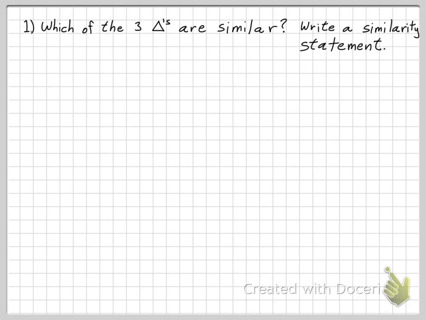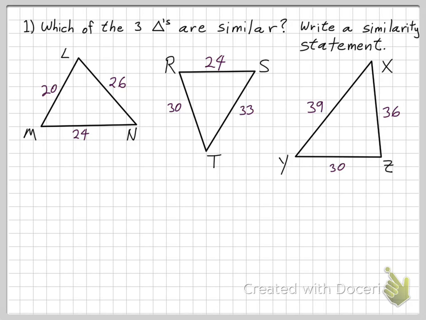Okay, let's try to illustrate this theorem with a problem. The problem is, which of the three triangles are similar? Once we have found which two of the three triangles are similar to each other, then we're going to write a similarity statement. So let's start off with trying to show if these two triangles are similar. I'm first going to notice that ML is my shortest side on this triangle.